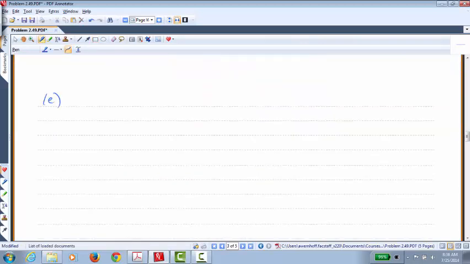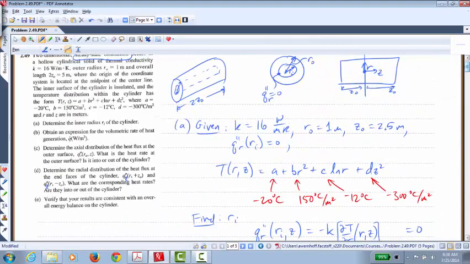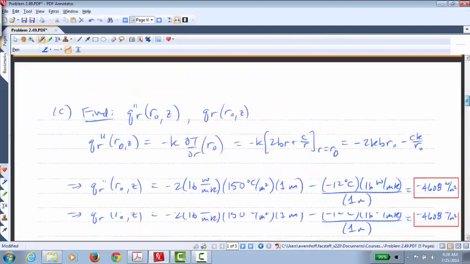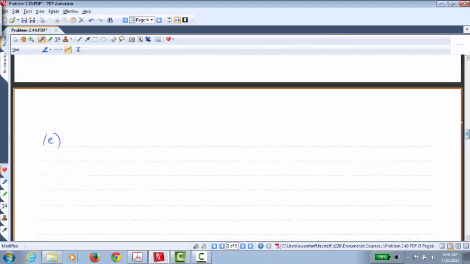So now we go to part E. And in part E, we're going to verify that the results are consistent with an overall energy balance on the cylinder. So all the stuff we've done up to this point will pay off. We'll draw our cylinder again.